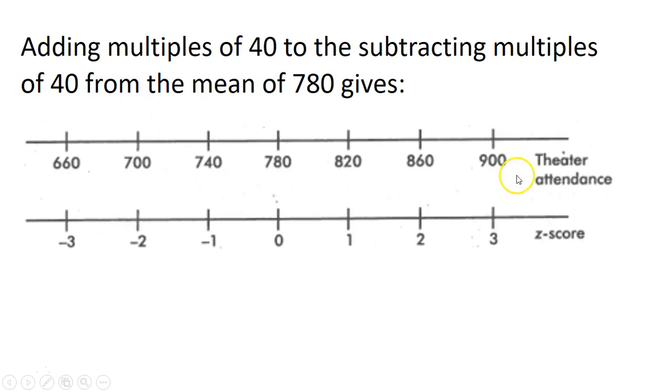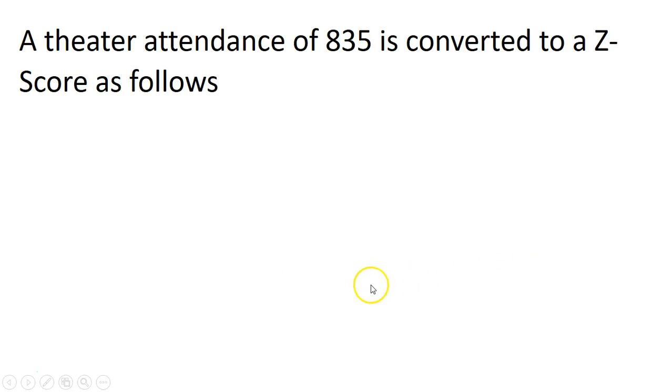That is the actual number of people, and here is each standard deviation that matches it. That's the theater attendance versus the z-score, is all that we're saying.